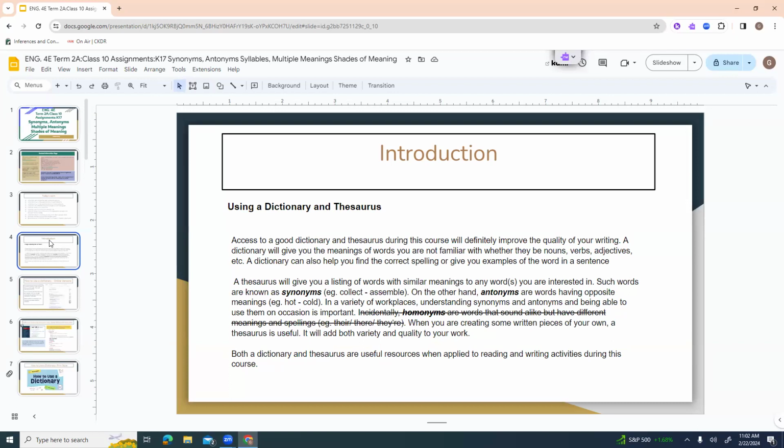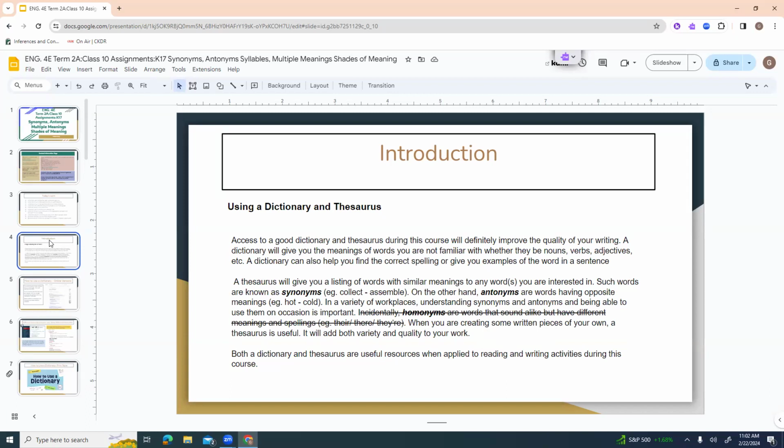A thesaurus will give you a listing of words with similar meanings to any words you are interested in. Such words are known as synonyms. For example, collect is a synonym of assemble. On the other hand, antonyms are words having the opposite meanings. For example, hot is an antonym of cold. In a variety of workplaces, understanding synonyms and antonyms and being able to use them on occasion is important.